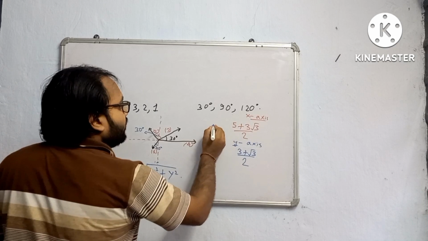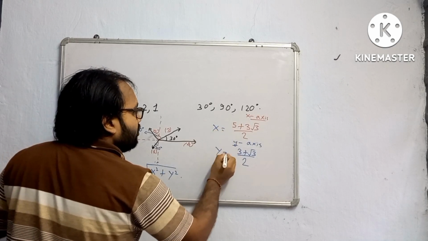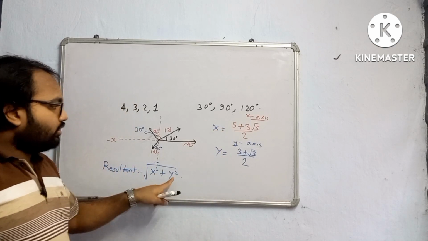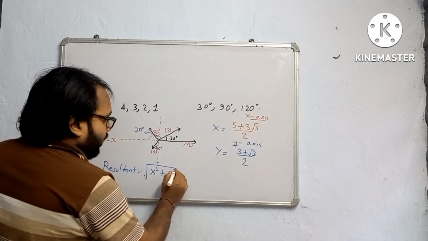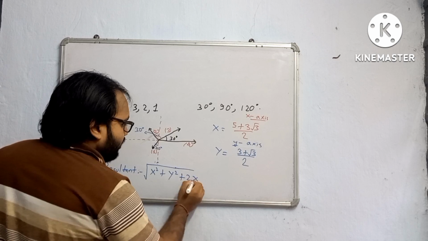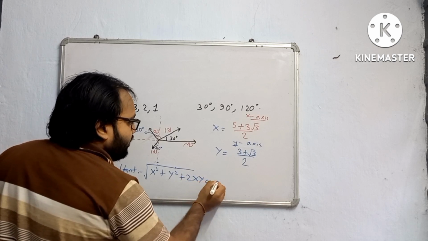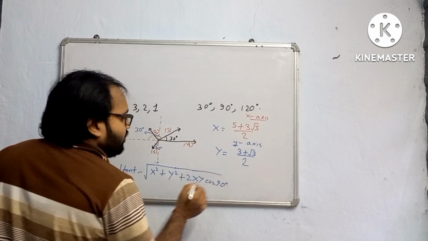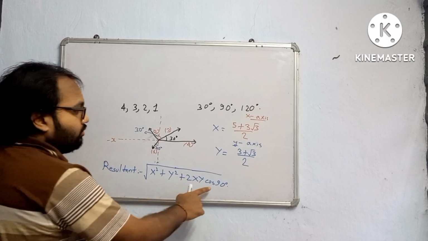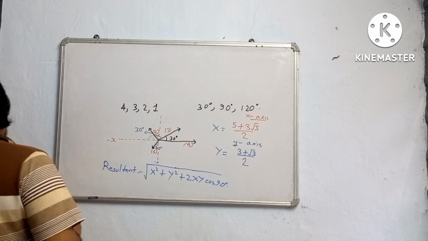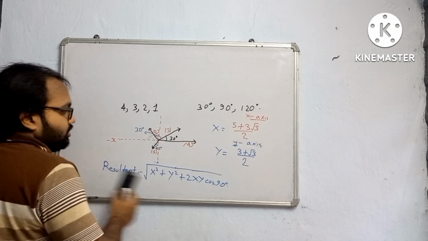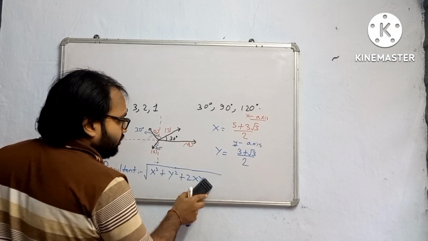Let this be equal to x, let this be equal to y. First we will find x square, then y square, and add them. The resultant formula also has plus 2xy cos 90 degree, and this will become 0 because cos 90 is 0.